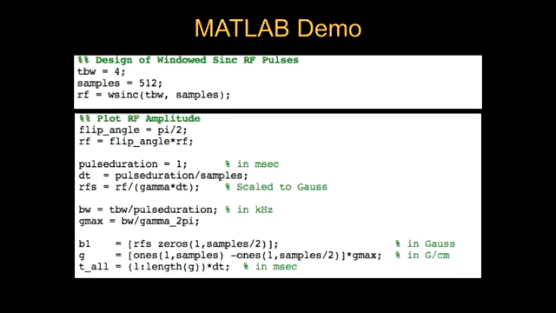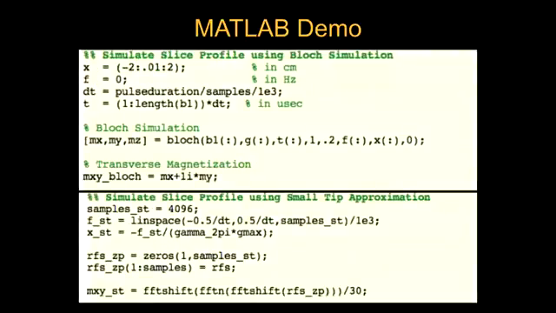After this Bloch simulation, we're going to plot the transverse magnetization. What should the transverse magnetization look like? So this is after the simulation, and we're going to plot this MXY block.